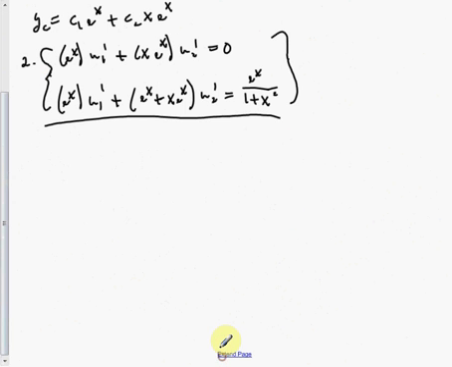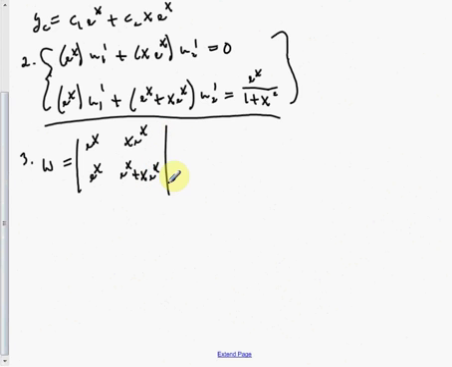So, step number 3 says we want to get the Wronskians. It says e to the x, e to the x, x times e to the x, e to the x plus x times e to the x. So we compute this determinant.